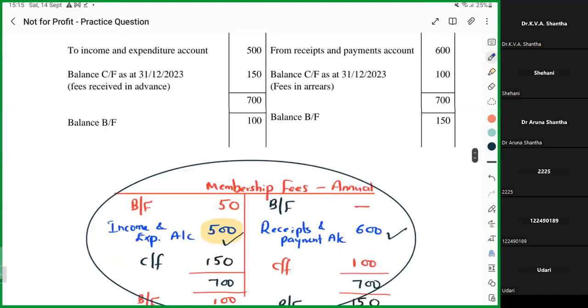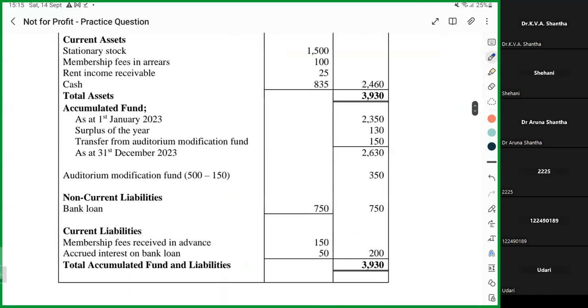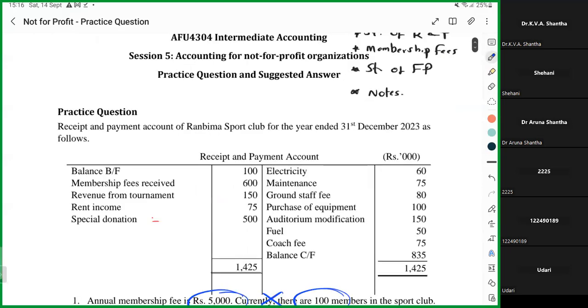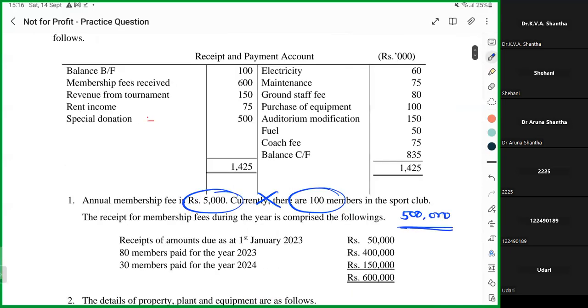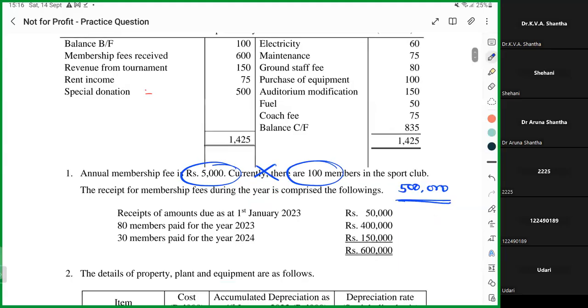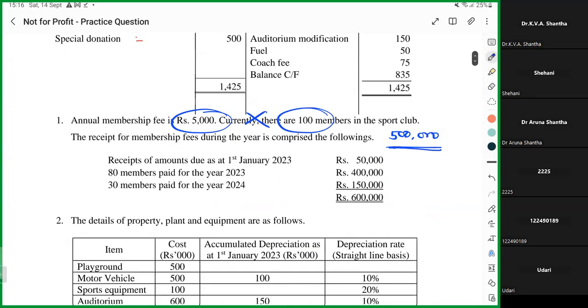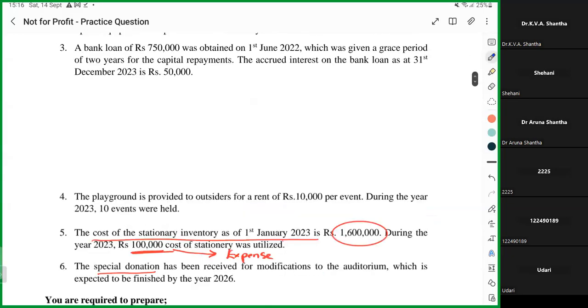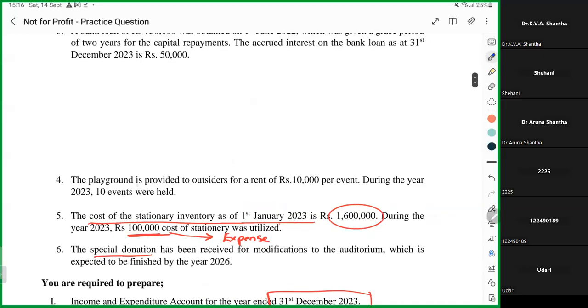Then what are the other incomes we have? You have rented out the playground. The rent is 10,000 for one event.